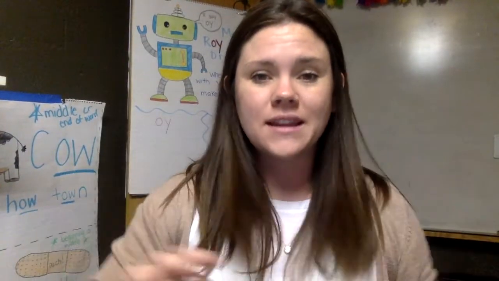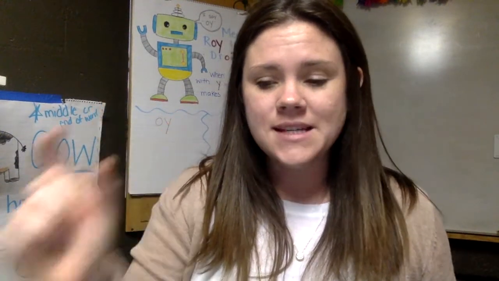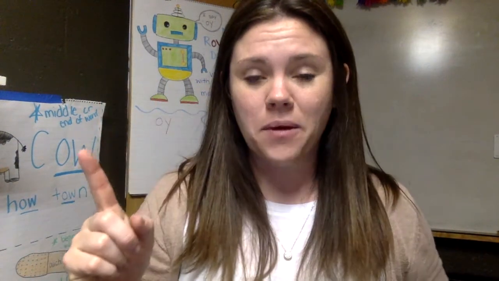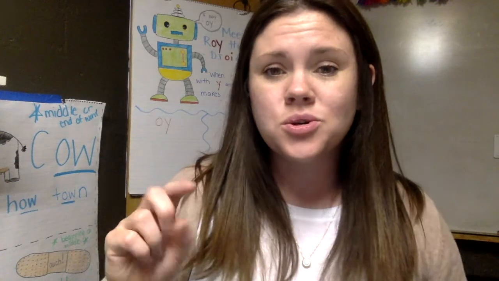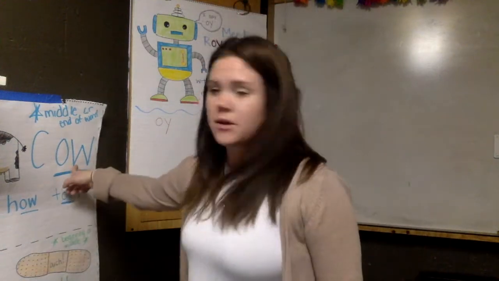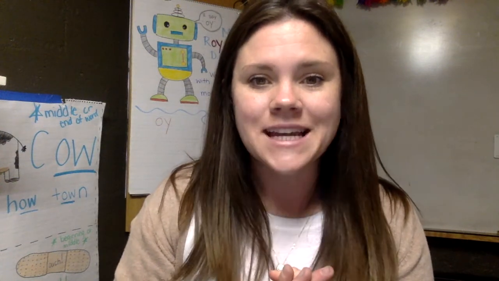That may sound familiar to our digraph. That beginning D-I, di, tells us that there are two letters, usually two vowels, but sometimes a consonant will act as a vowel. In this case, it was W, and the one today is going to be the letter Y.